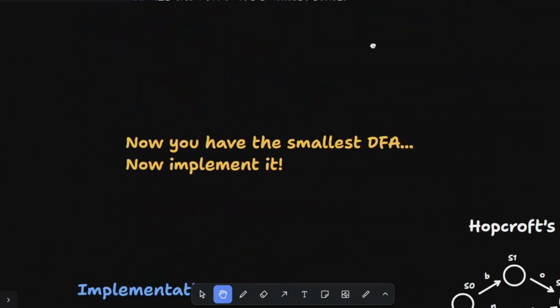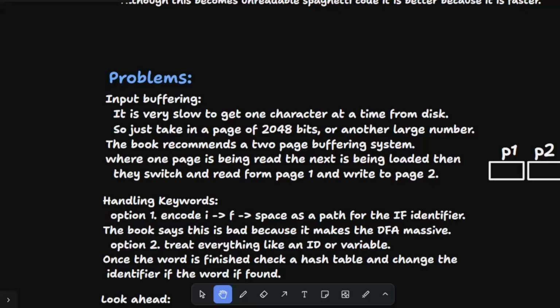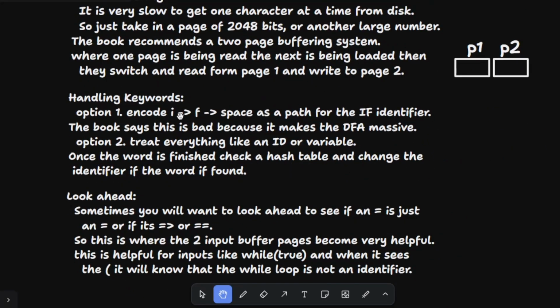So here we are. You can encode it directly with IF space, but this is really bad because it makes the deterministic finite automaton massive. The second option is you treat everything like an ID or a variable.